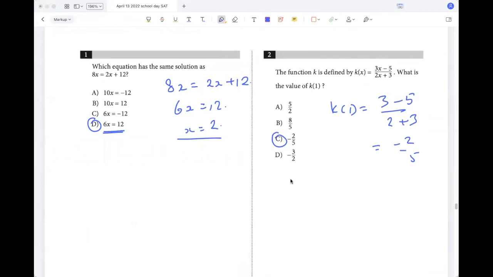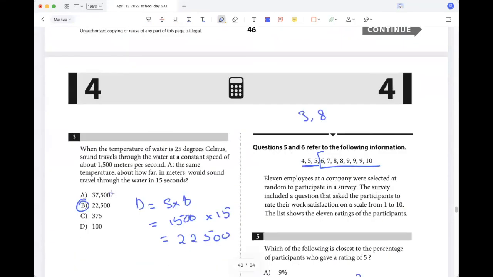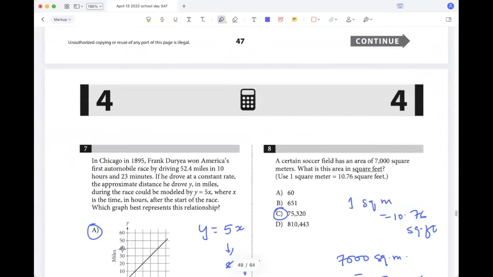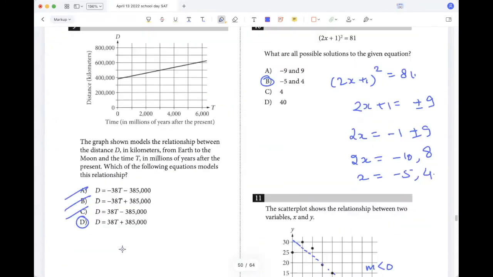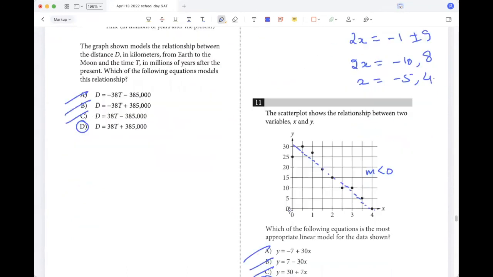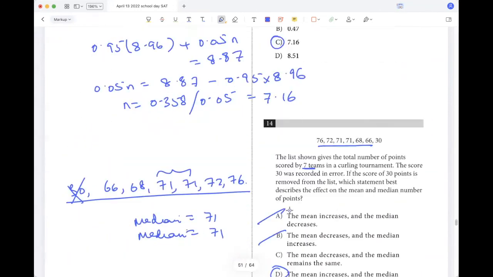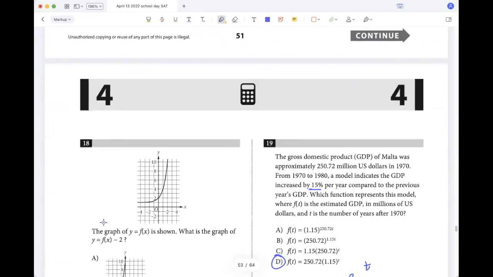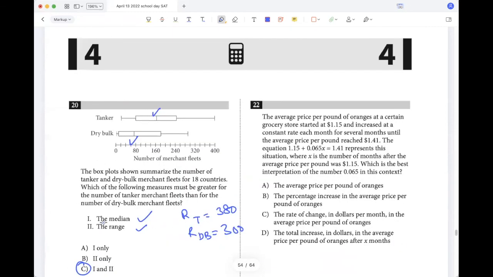Okay, so it is DCBCB, number 6, BACDB, 11, DBCDA, and 16. 16 is BDCDC. Okay, great.